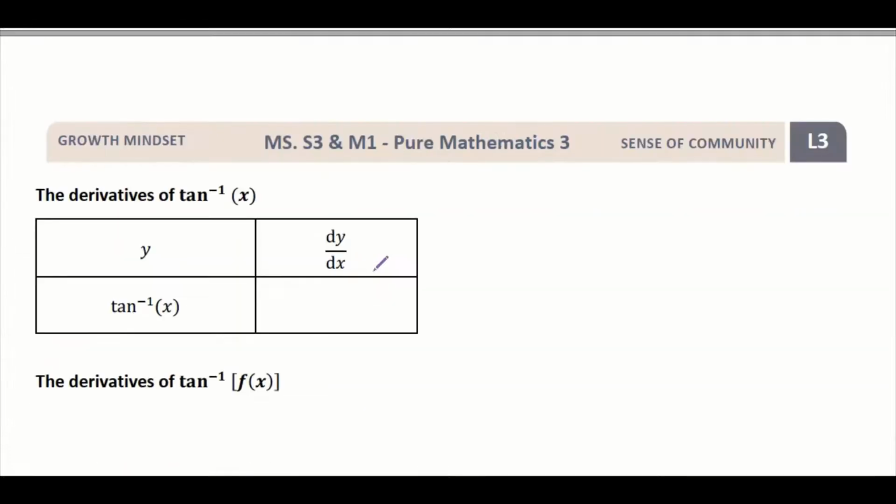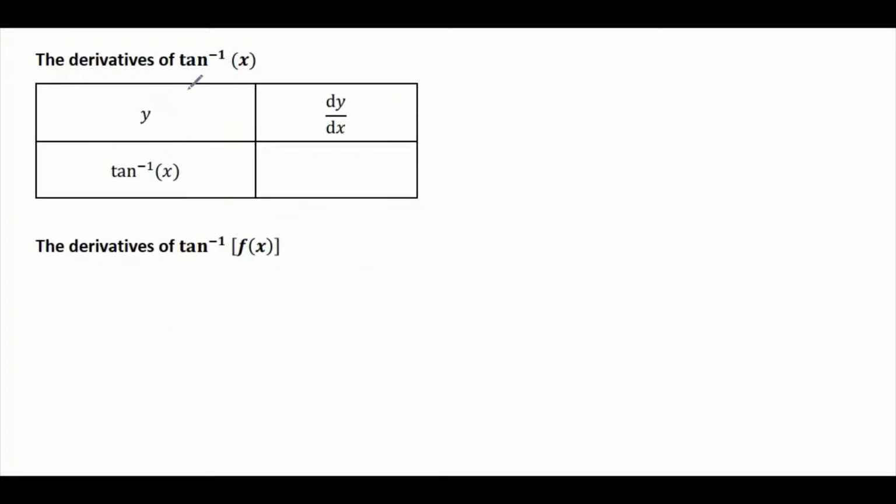So let's see the fourth one, which is the derivative for tangent inverse x. Please do not confuse yourself: tangent inverse x is not 1 over tangent x, and of course, it's not cotangent x either. They are different things.